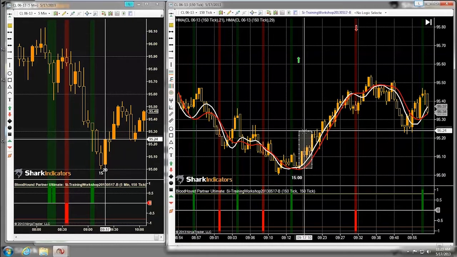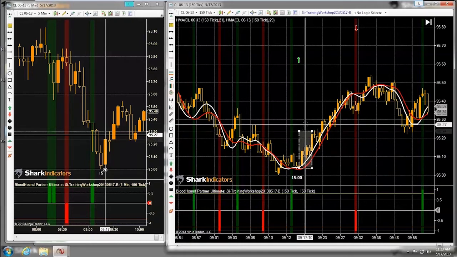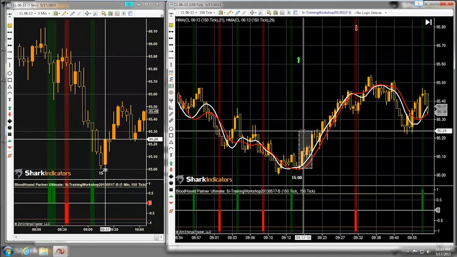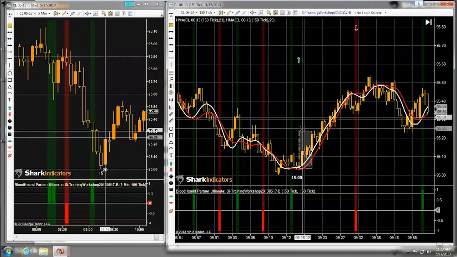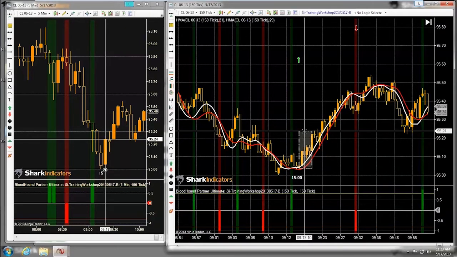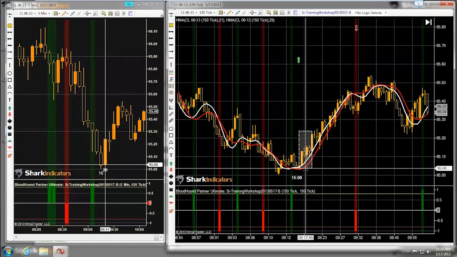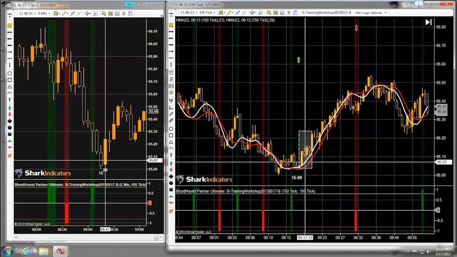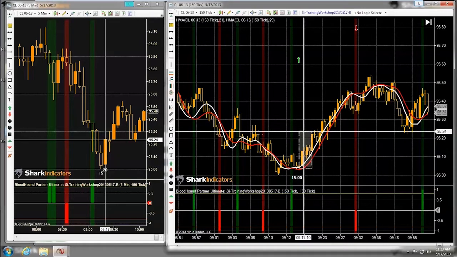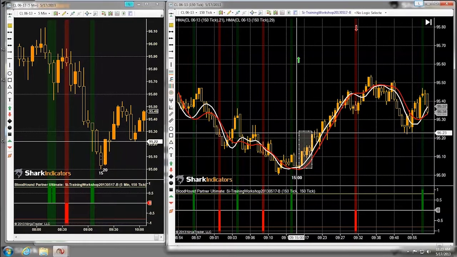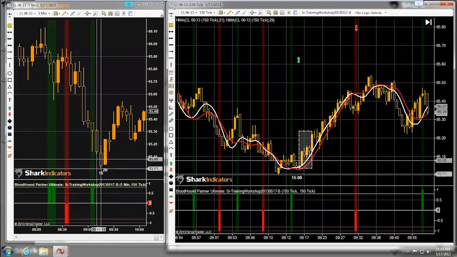Now the white triangle here on the tick chart, you can see if you look at my crosshairs, if I move them up and down, the top of the white triangle corresponds to the top of the 5-minute chart bar, and if I move my crosshairs down, you can see this white triangle mimics this 5-minute bar over here.